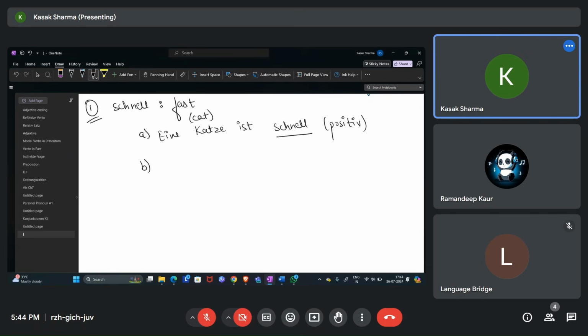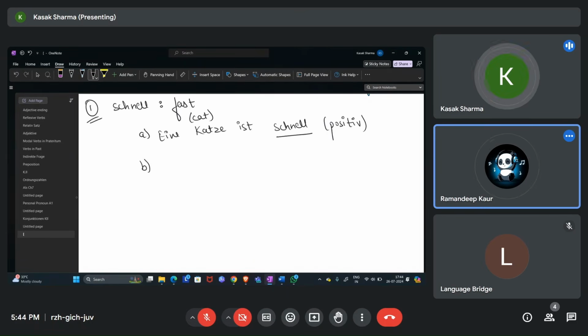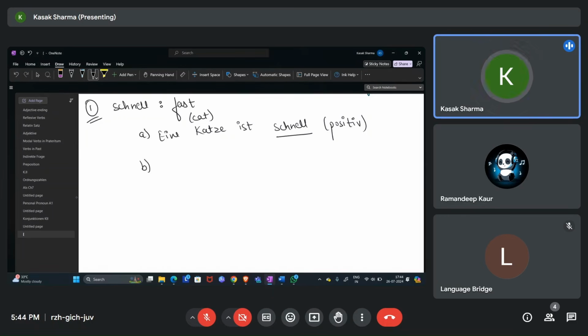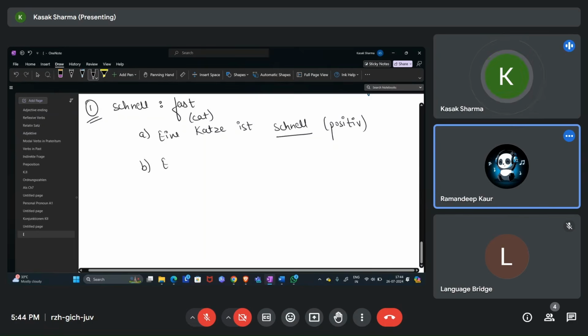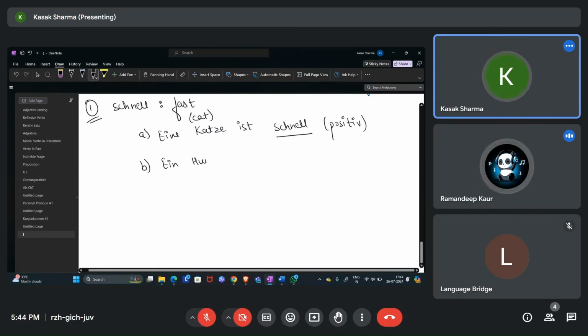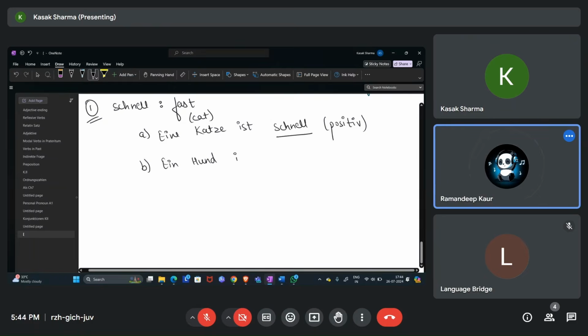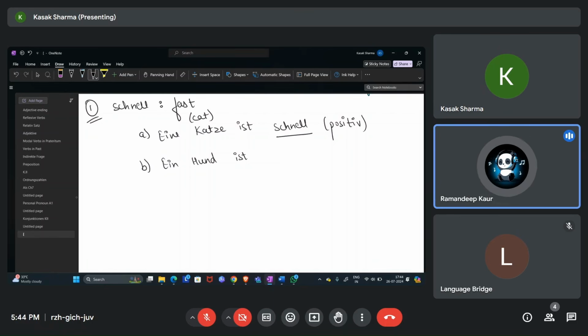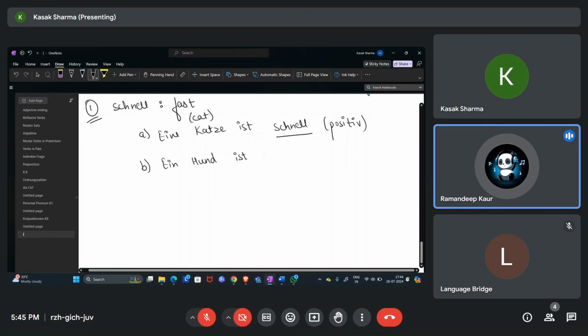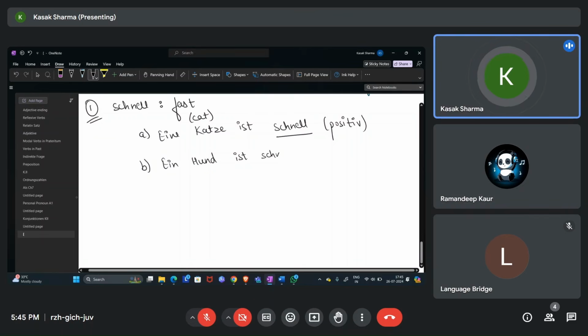Now I'm comparing a dog with a cat, as in I'm comparing two things. So I will use the middle one. So it will be ein Hund ist schneller als eine Katze.